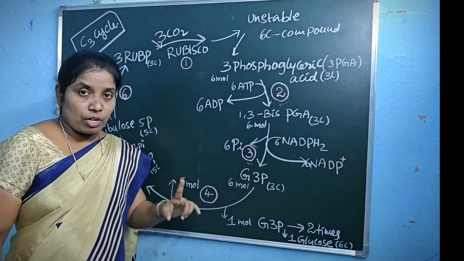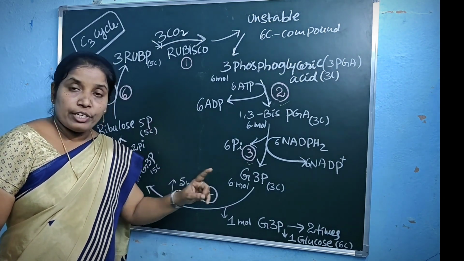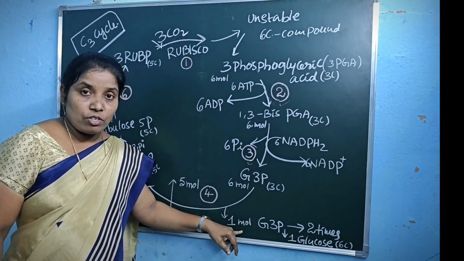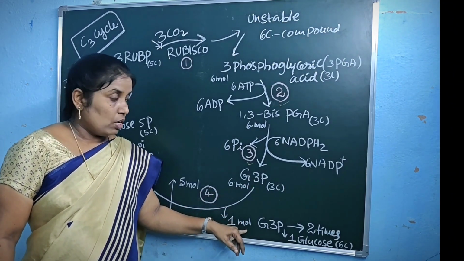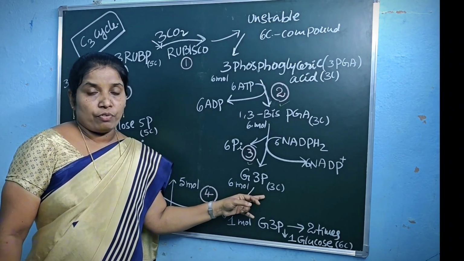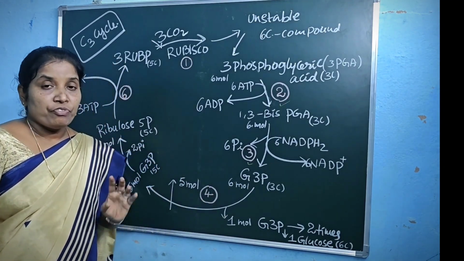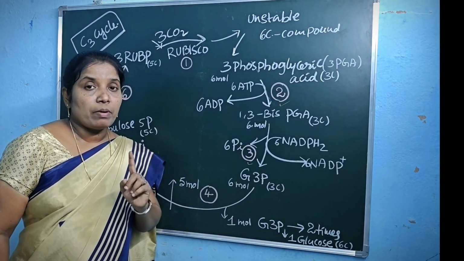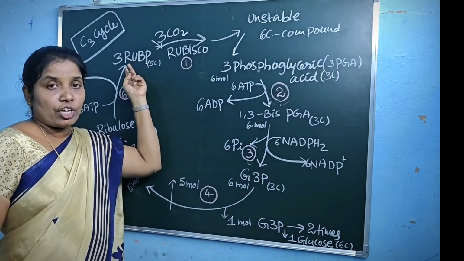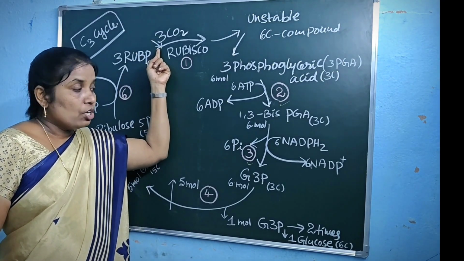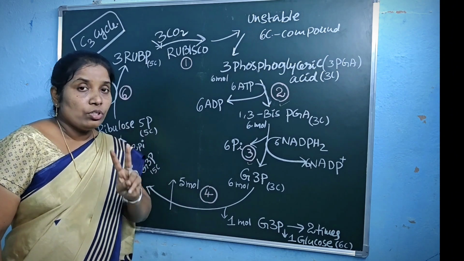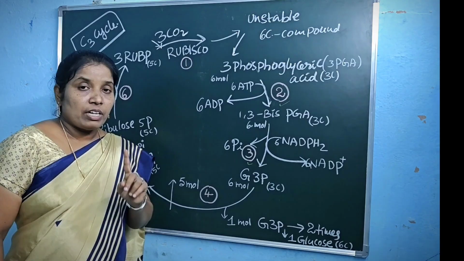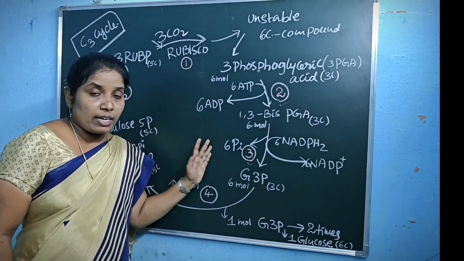Among these 6 molecules, only one molecule of G3P goes to the cytosol for the preparation of glucose. G3P is a 3-carbon compound, whereas glucose is a 6-carbon compound. For this reason, this cycle has to occur 2 times for the 6-carbon compound preparation.